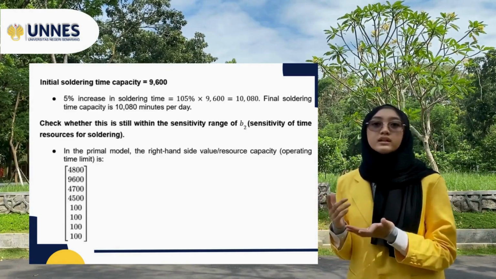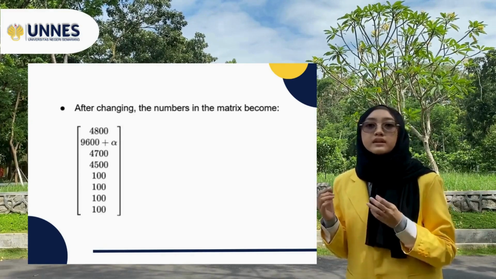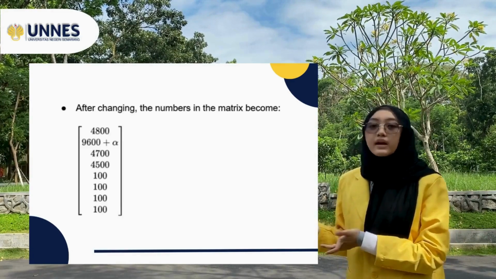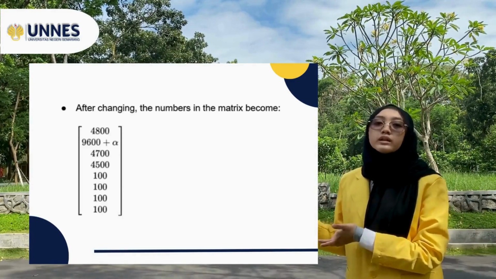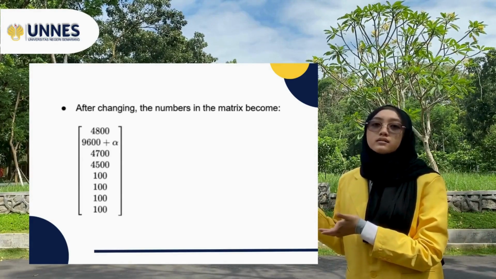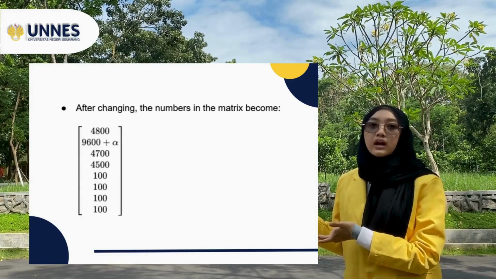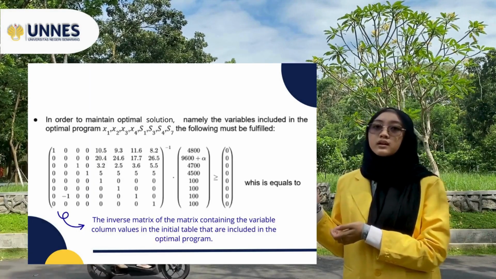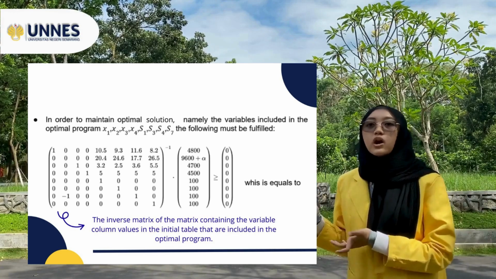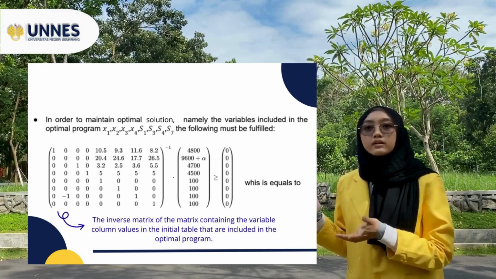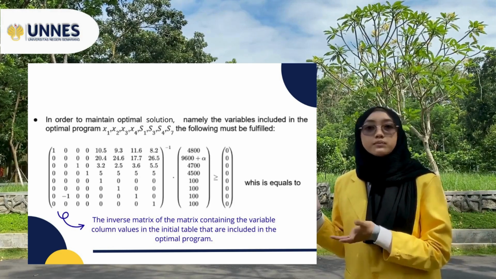And after changing, the numbers in the matrix become like this. Actually, this is the same matrix as the previous one, but here we add alpha to 9,600.